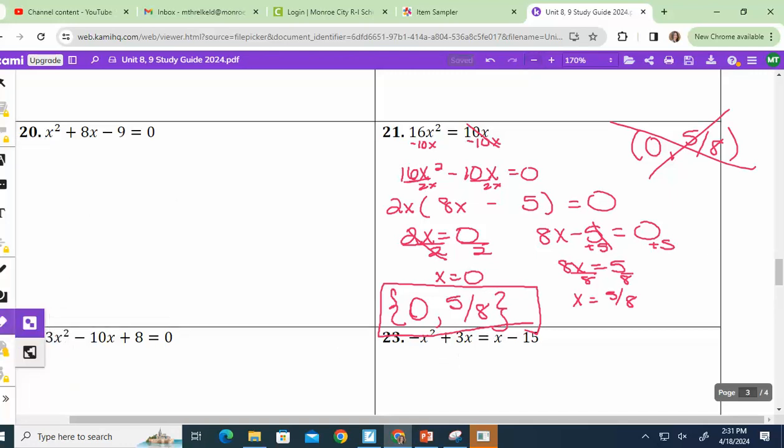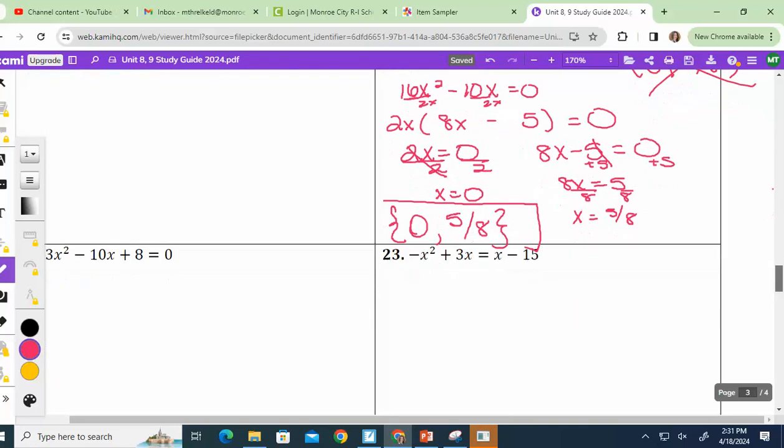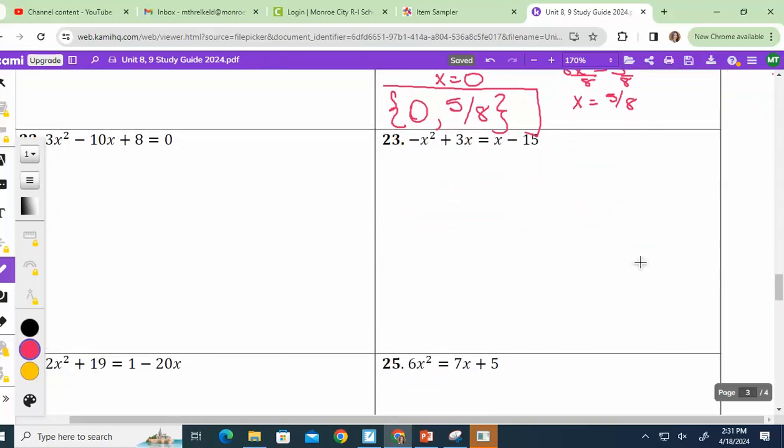Let's look at 23. First, we always need these to be equal to 0. We can move things to either side, but before we factor, we always want x squared to be positive. So since x squared is negative, let's move everything to the right so it becomes positive. To do that, I would have to add my x squared.